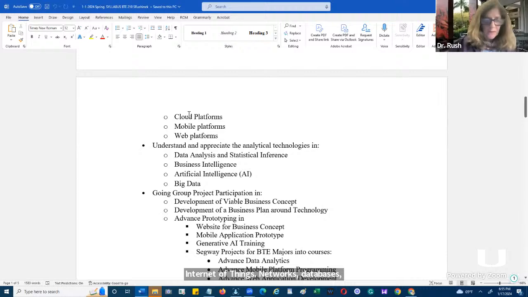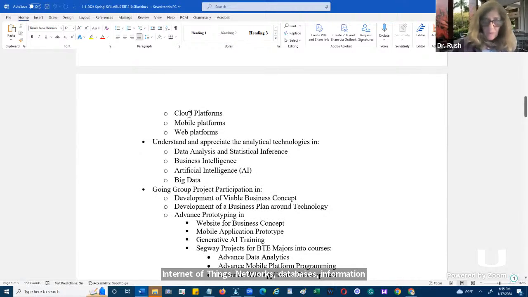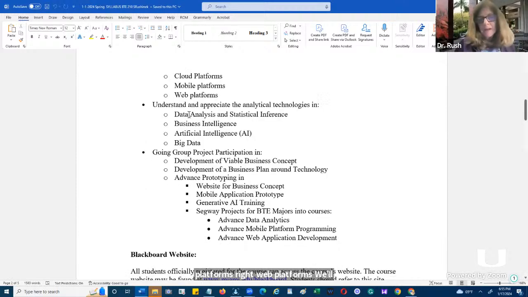We'll talk about different cloud platforms, meaning how to get via browser, how to operate mobile platforms, right? Web platforms. We'll talk about analytics, business intelligence, and of course, artificial intelligence will be big throughout the semester.